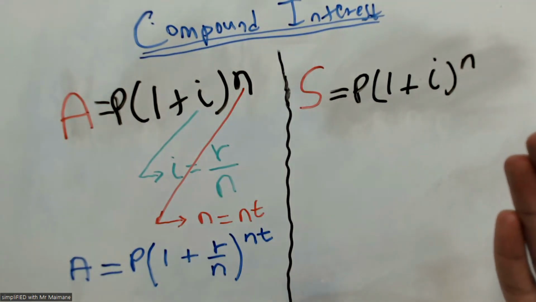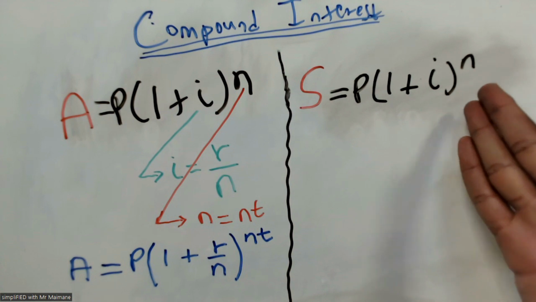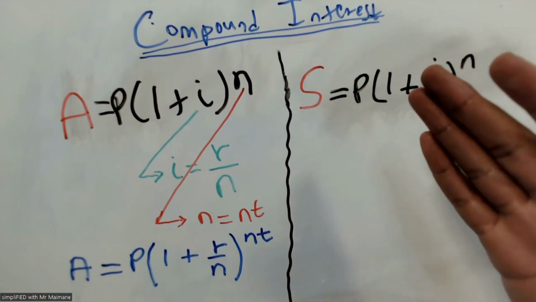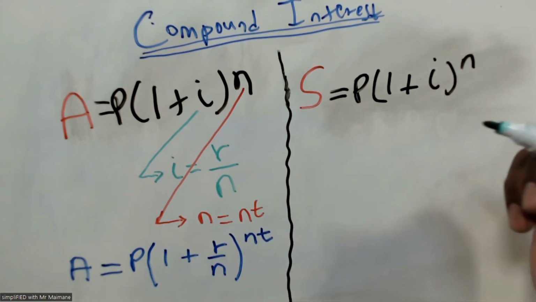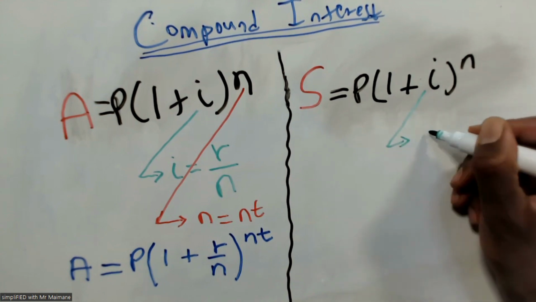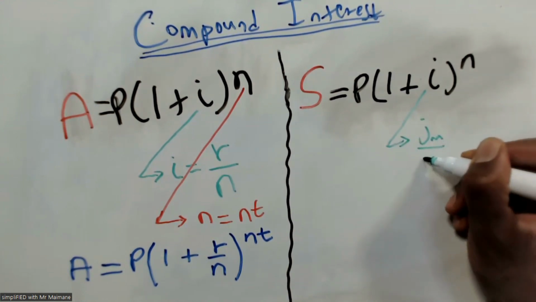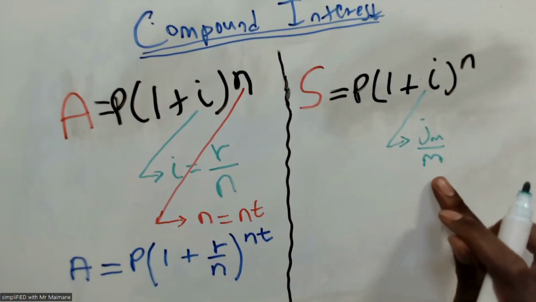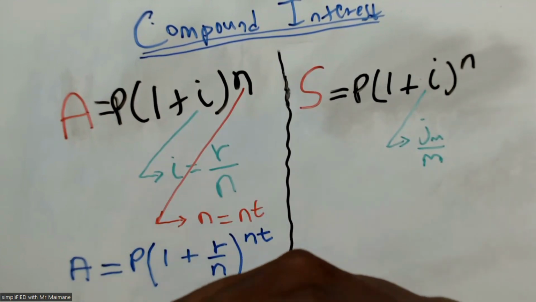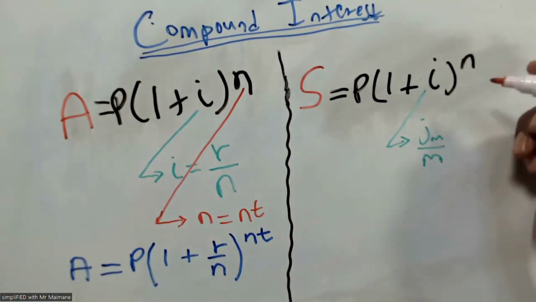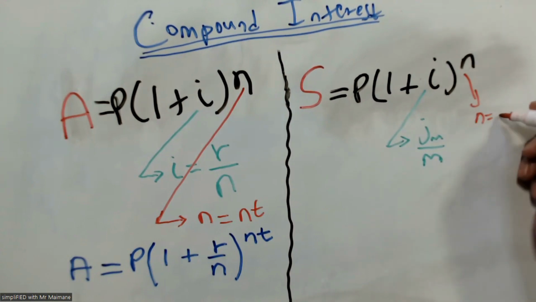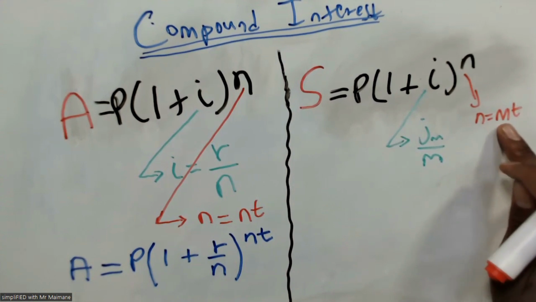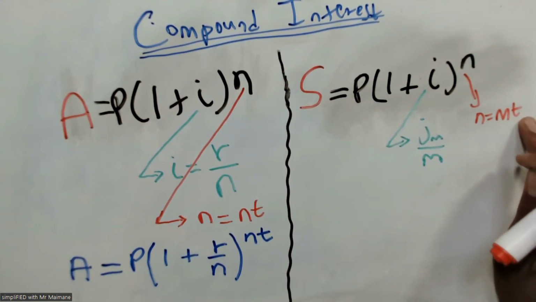But for university students, we have a very similar thing. Like I say, the variables don't matter. For university students, for the i, they show it as j_m over m, m being the compounding period. The same applies with the n: n is equal to m times t, which is the compounding period multiplied by time.